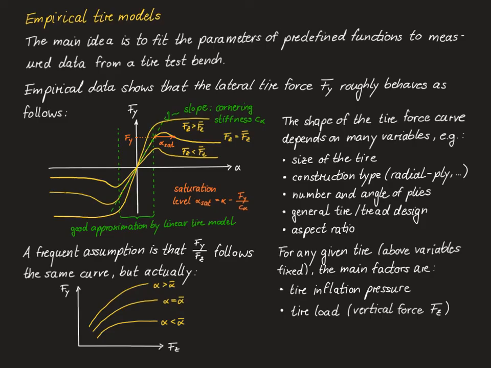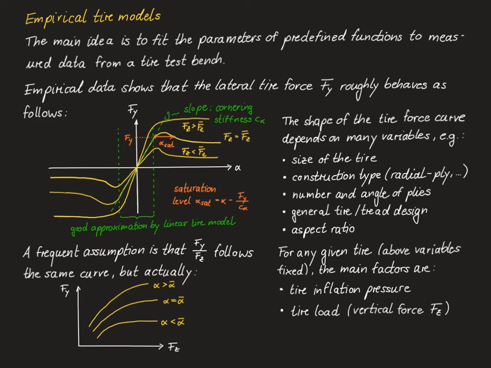Actually, for a constant slip angle alpha, the dependence of the lateral tire force on the vertical load looks more like a parabola with a negative quadratic term. So in other words, the lateral tire force increases less than proportionally with the vertical load.